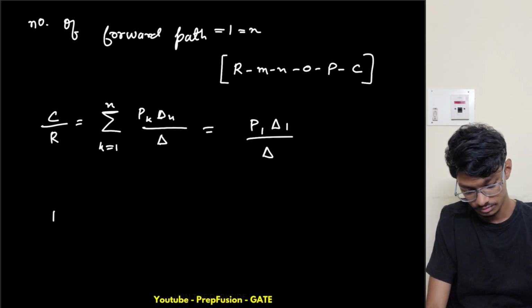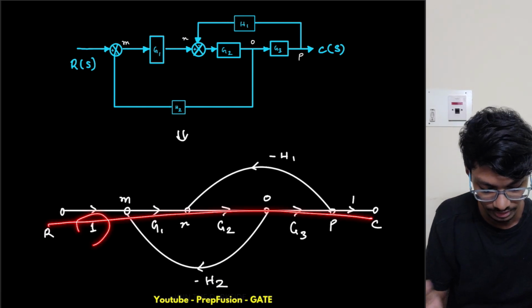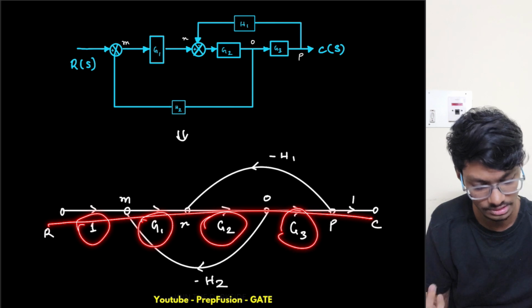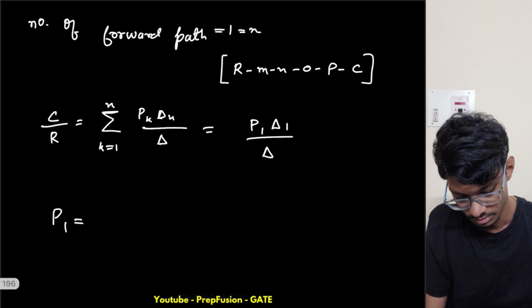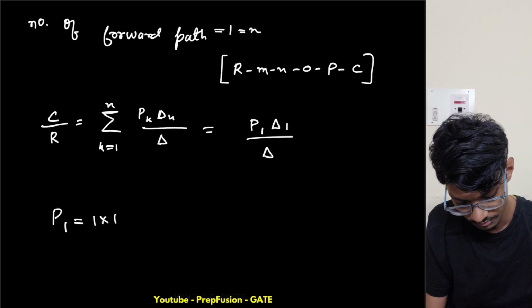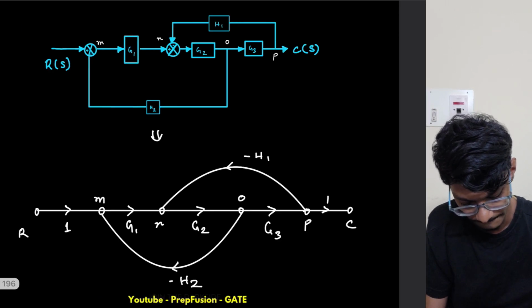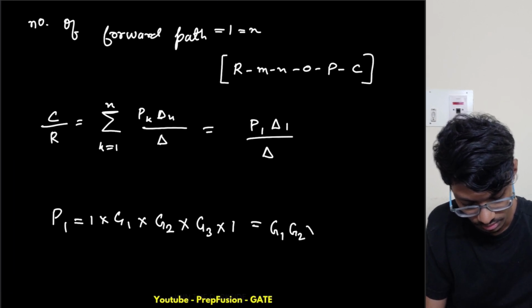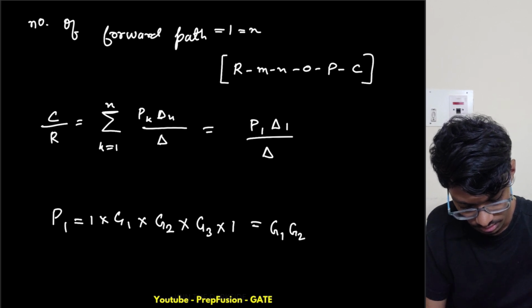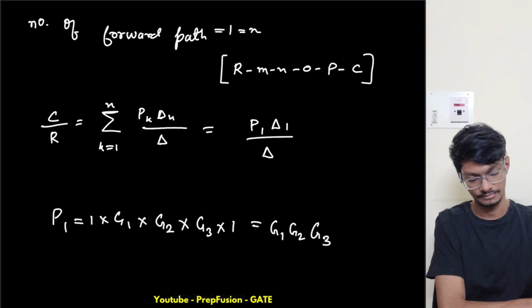P1 is simply this multiplication: 1 times G1 times G2 times G3 times 1. So it is simply G1 G2 G3.